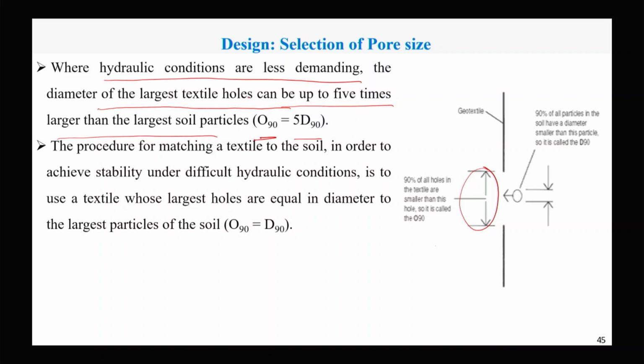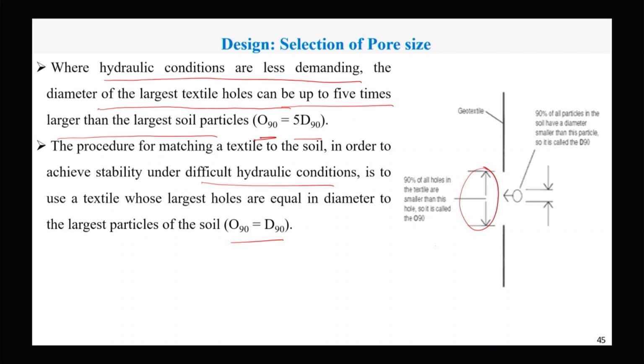Very large opening when the condition is less demanding. But in case of turbulence, difficult hydraulic condition, O90 should be equal to D90. That means when there is disturbance, waves, liquid flowing at very high speed, our condition should be O90 equal to D90.